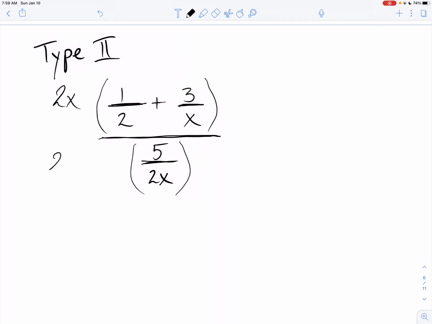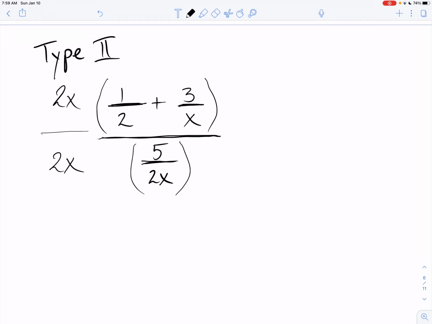I'm going to multiply the bottom part by 2x. If I'm multiplying by 2x over 2x, that's the same thing as 1. 2x divided by 2x is 1. You can multiply anything by 1. It doesn't technically change it. But what it does do for us is it allows us to cancel out the double fraction look.